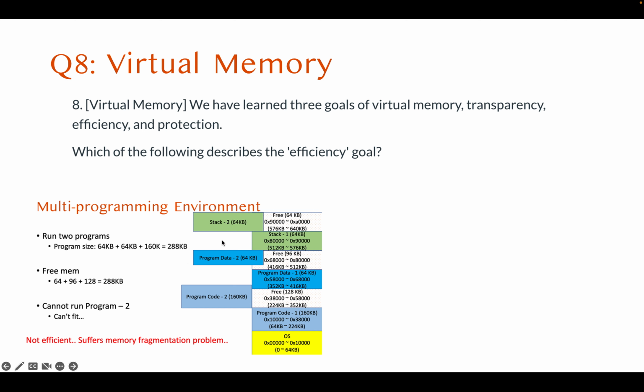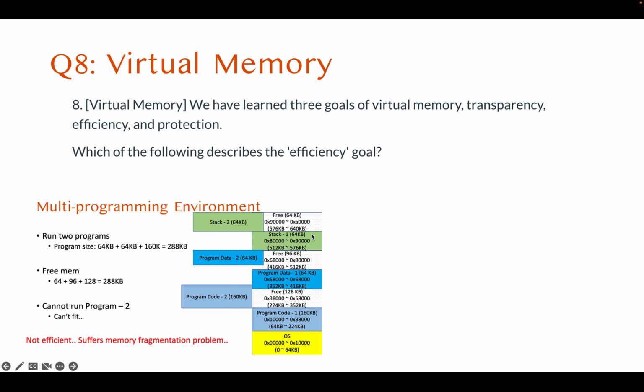But the problem is that the stack, program data, and program code regions need to be allocated contiguously per each region. We can allocate the stack and the program data because there are big free spaces enough to accommodate each region, but for the program code of the second program, it has a size of 160 kilobytes, and we do not have physical memory that is free for a contiguous 160 kilobytes. So that was the problem, even if we have free memory space.